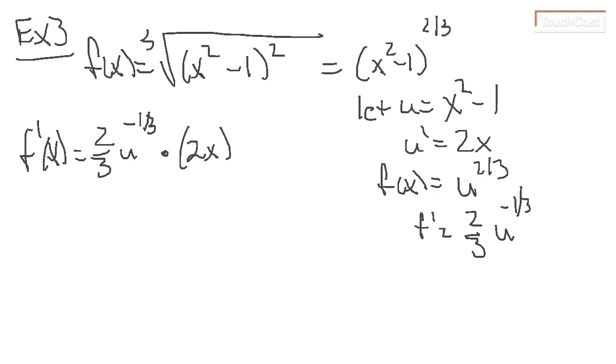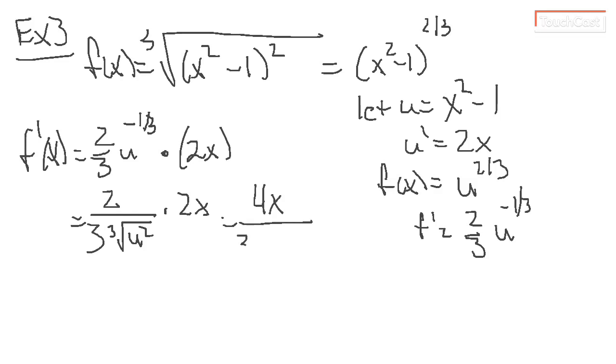Now I'm going to clean this up a little bit. I'm going to rewrite this as 2 over 3 cube roots of u squared times 2x, which I can also just write as 4x over 3 cube roots of u squared.